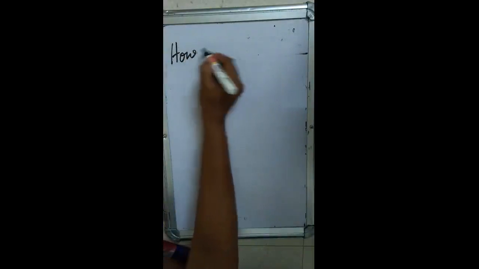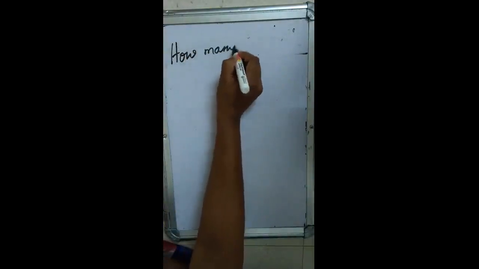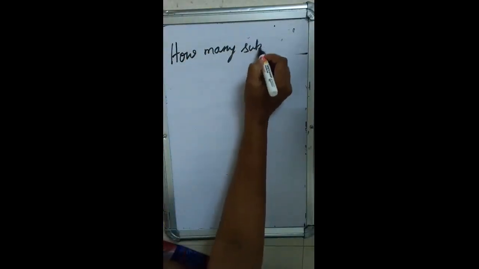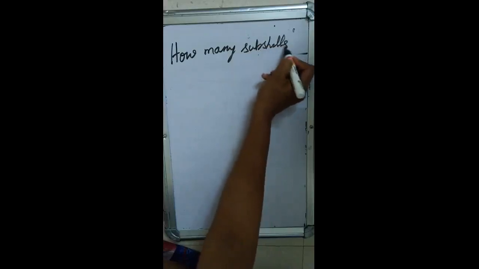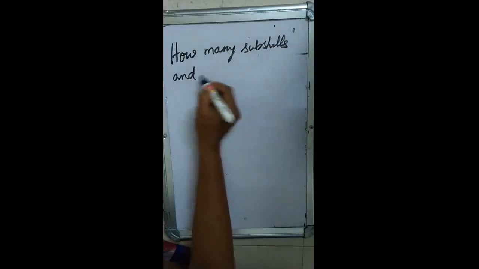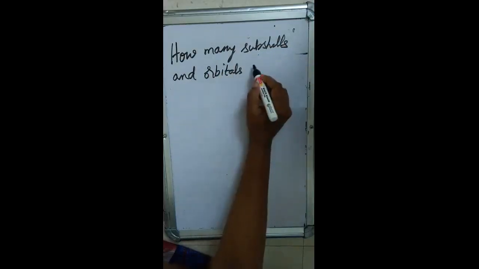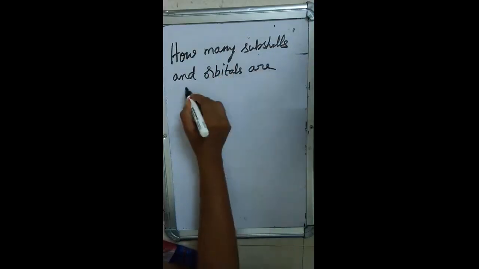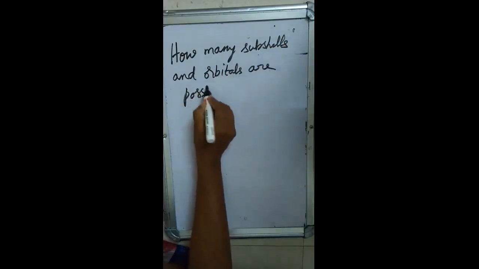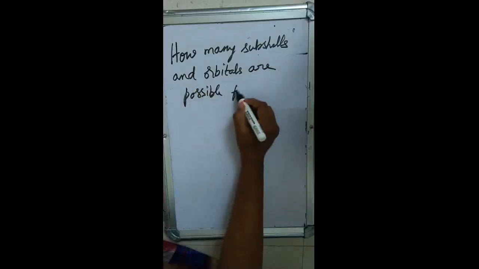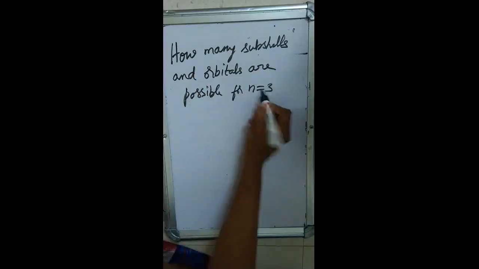Now this is homework for you. How many subshells and orbitals are possible for n is equal to 3?